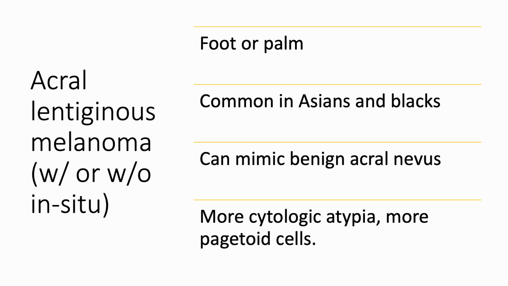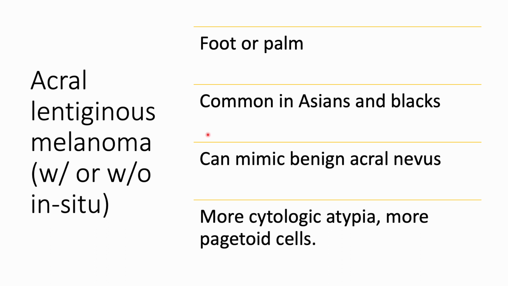Next is the acrolentiginous melanoma, and you may see it described as in situ, which means it is only in situ melanoma. If it does not have the in situ component, it means it is invasive. So pay attention to the details. It happens on the foot or palm of dark-skinned people, usually Asians or blacks.